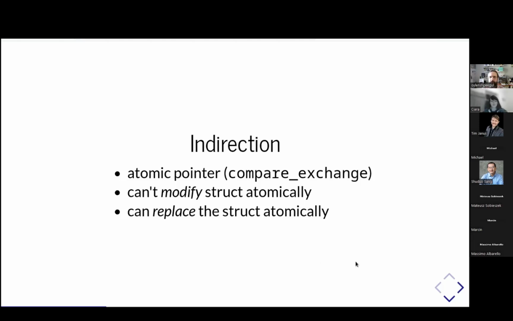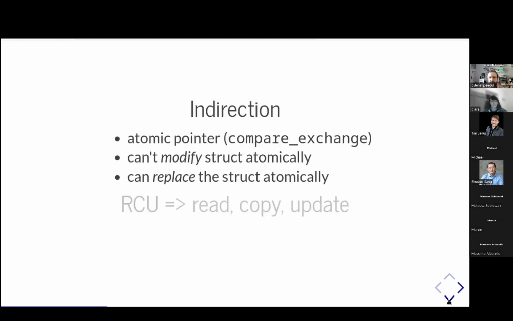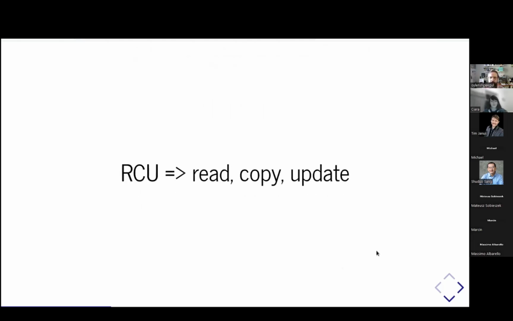So we could solve that with another level of indirection, like every other problem in computer science, right? So our atomic then would be a pointer, and we can't modify the struct atomically, but we can replace the struct atomically, and that's almost as good. So RCU is read, copy, update.